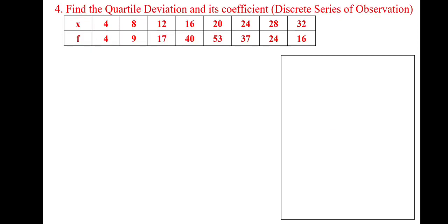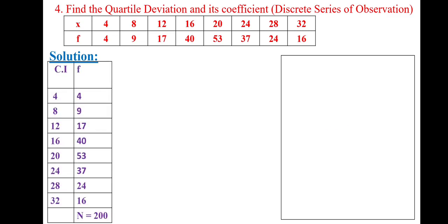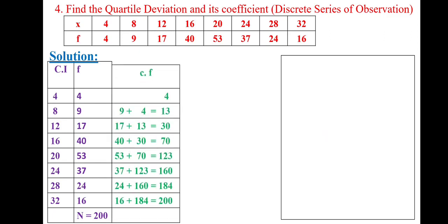Now I am going to explain the discrete series of observations. The given values are in this format, X and F. Solution: the given values can be written in vertical form. Here we apply the concept of the median method, so we need to find the CF, cumulative frequency.